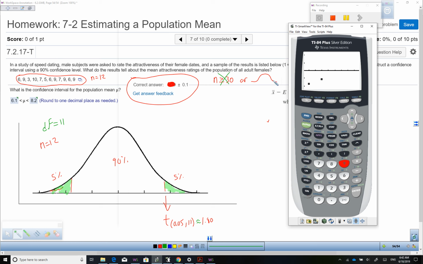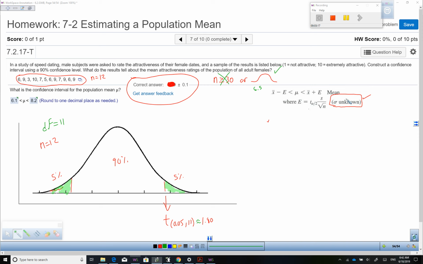So that means this condition is satisfied. Remember we did that on section 6.5, I guess, to determine if a population is normally distributed, right? So that condition is satisfied, this condition is satisfied, we use that formula.